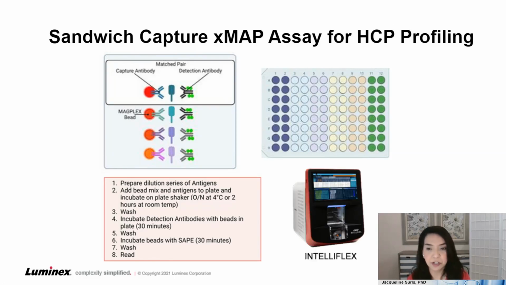And as Steve mentioned, we have a multitude of instruments. Here I have an example of the IntelliFlex, our newest instrument. And I think what Steve may have mentioned is that we can do automation. Because we have magnetic beads, you can do high throughput. So if that's of interest to you, you can do a fully automated system with this.